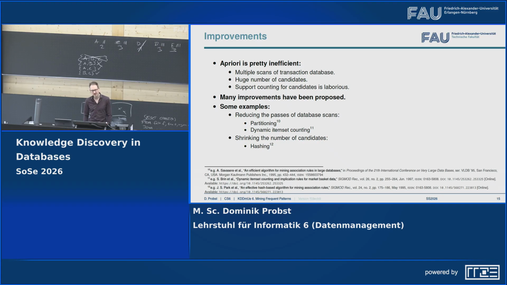These 3 improvements we will talk about next week. We will also talk about a completely new method, which makes sure we only have 2 scans of the original database, namely FP growth.